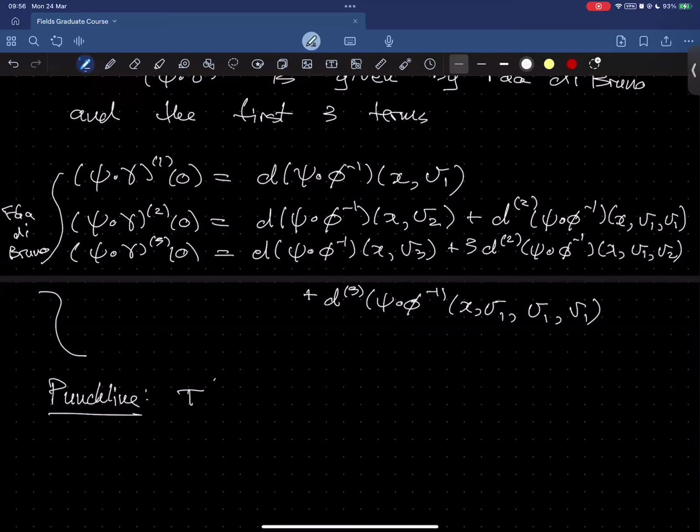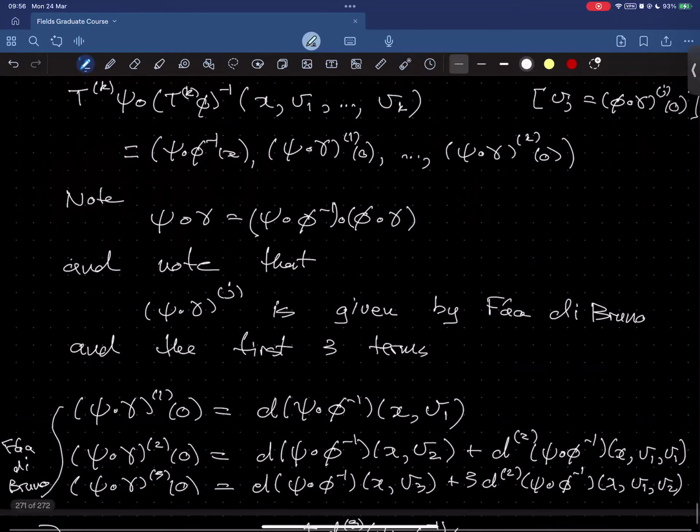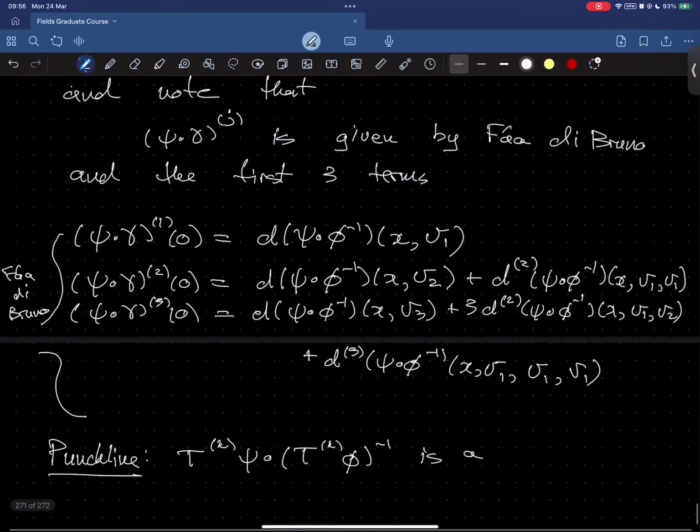is that T^k psi composed with T^k phi inverse is a, well, how smooth a diffeomorphism is it? If the manifold structure is C^r, we're losing a derivative at each step here, right?